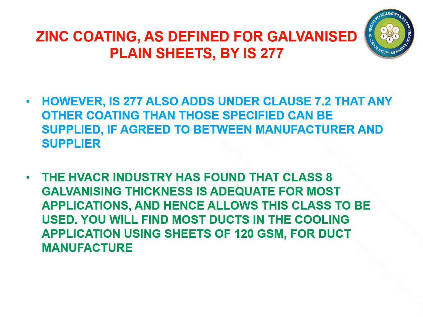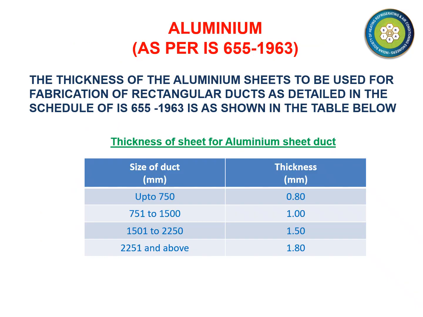Class 8 zinc coating, that is 120 GSM, is found adequate for most of the applications. In case aluminum is to be used, the table on this slide lists preferred sheet thickness based on duct size.